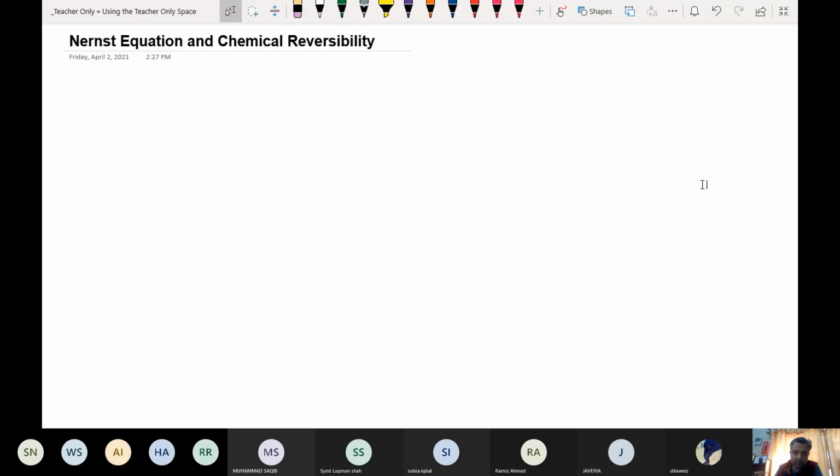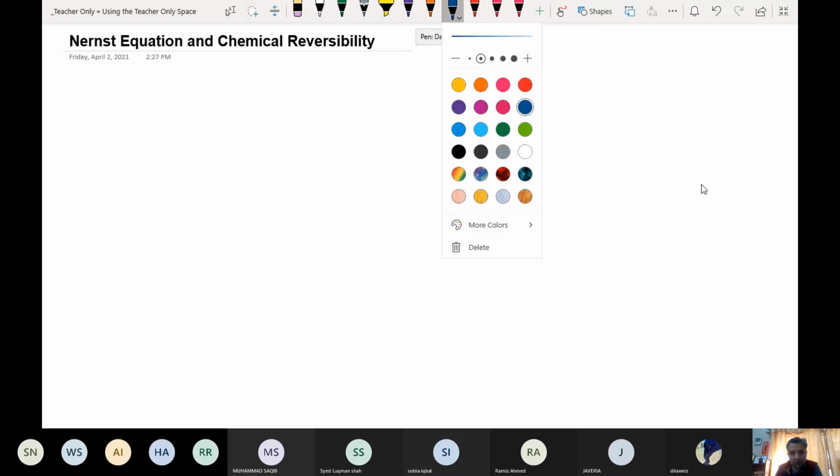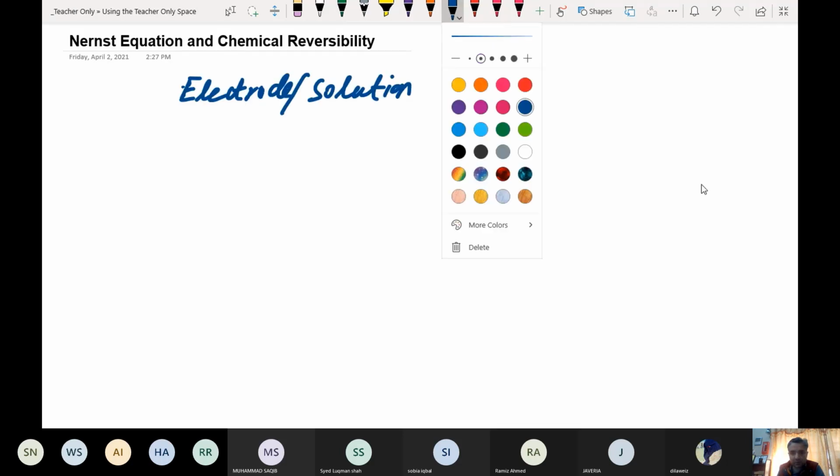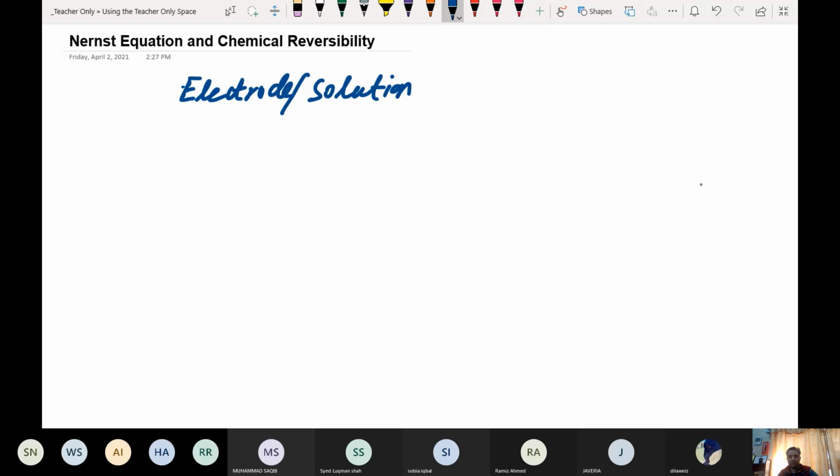Now you have to remember that while we are discussing these things, we are talking about the electrode solution interface. For the electrode solution interface, the reaction taking place is the oxidized species taking up an electron and being converted into the reduced species.